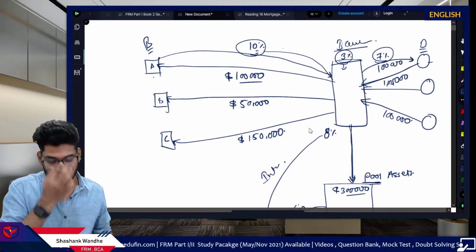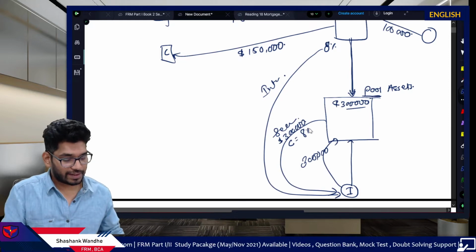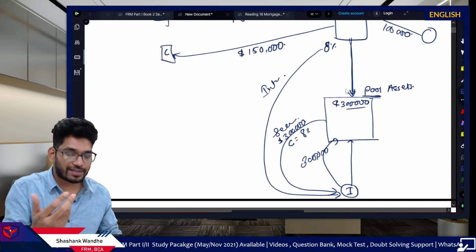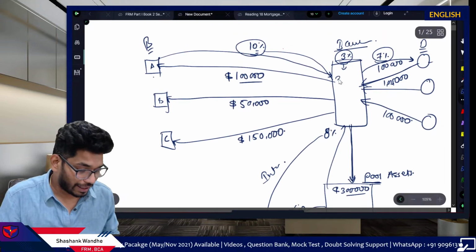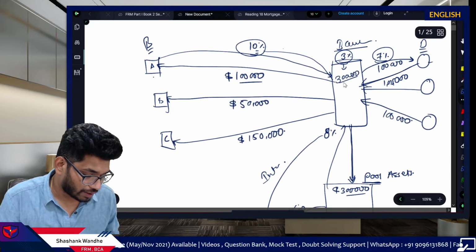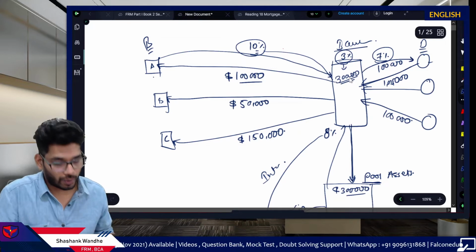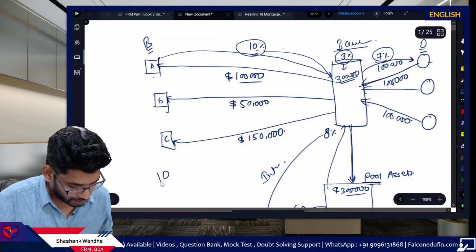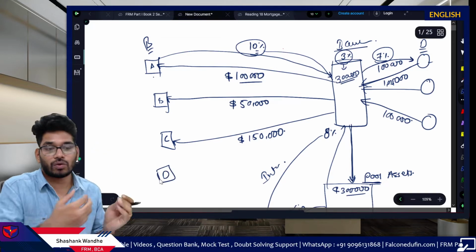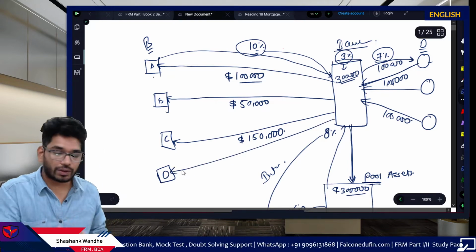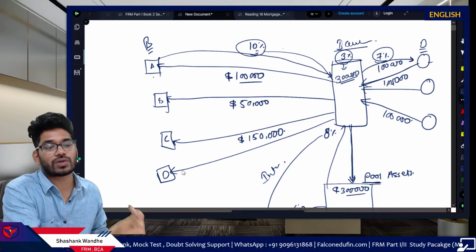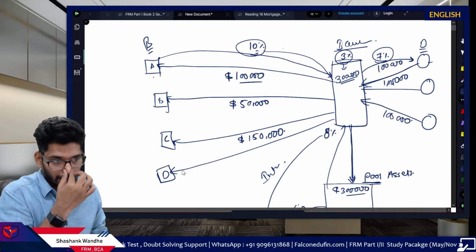So now see what happens. Once this investor purchases the securities, this pool has 3 lakhs in cash. This 3 lakh will go to this particular bank. And now the bank has $3 lakh again to provide as a loan. Now imagine there is borrower D who wants a 3 lakh loan. He can get the loan from the bank at the rate of say again 10%.